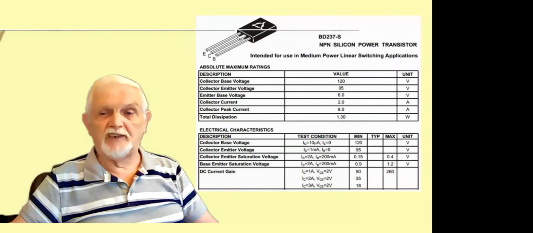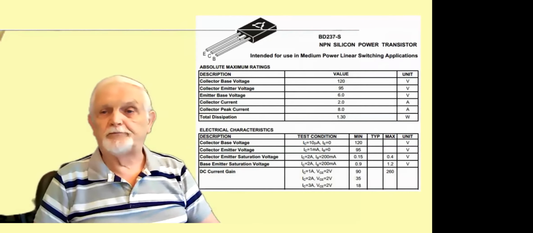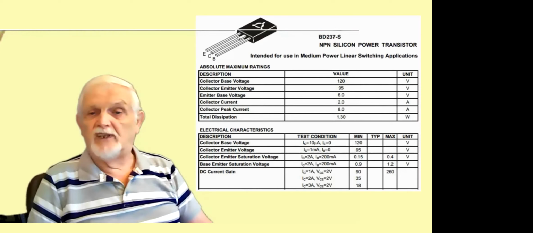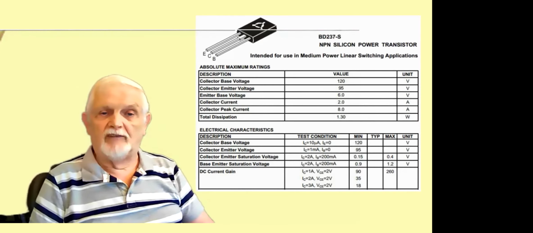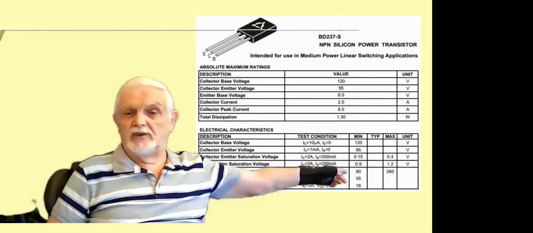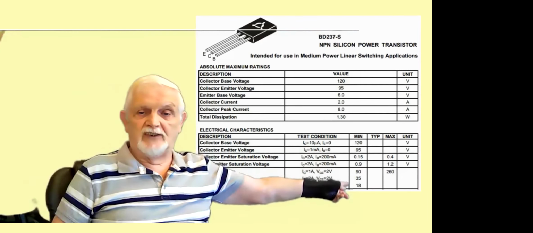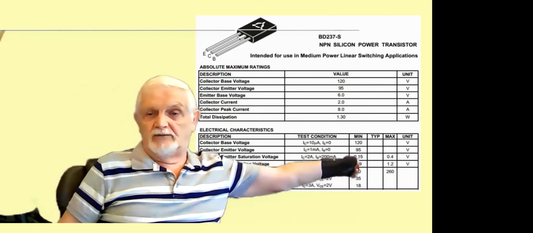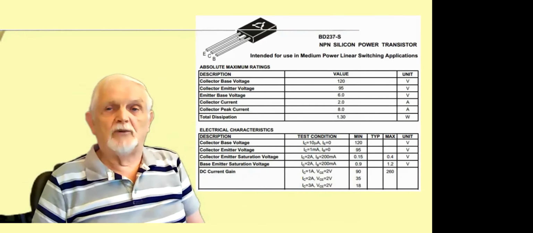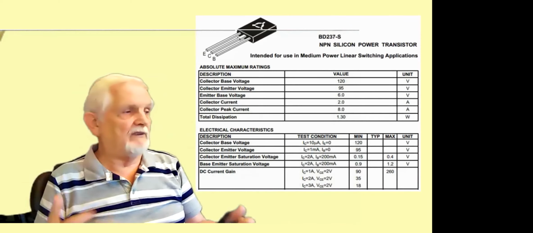There's a 237, which is the high power one. And again, you're not expecting much in the way of a gain from that. You'll see that the current gain here is way down, could be as low as 90 or even 18, but maximum of 260. So the higher power ones need a higher drive.